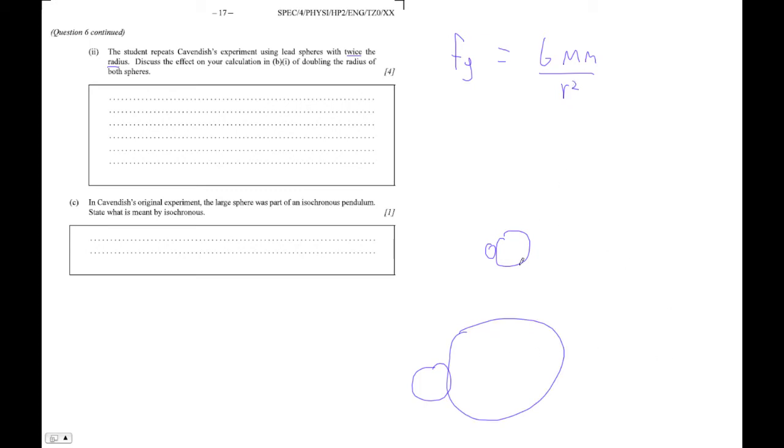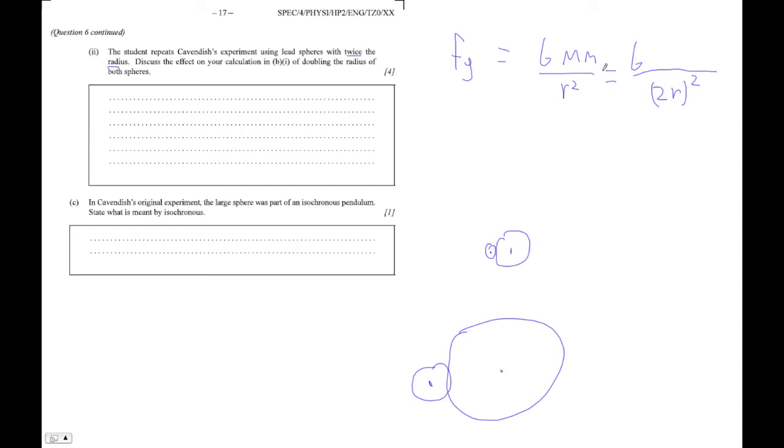R is going to be twice as big, so in the denominator we've got 2r. If we double the radius of the spheres, then the distance separating them will be twice the distance it was before.